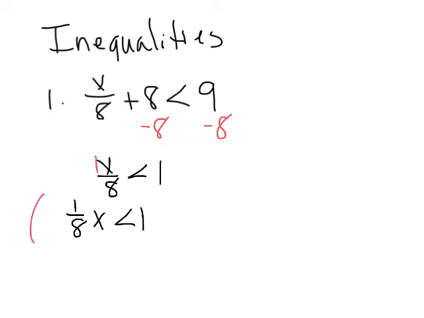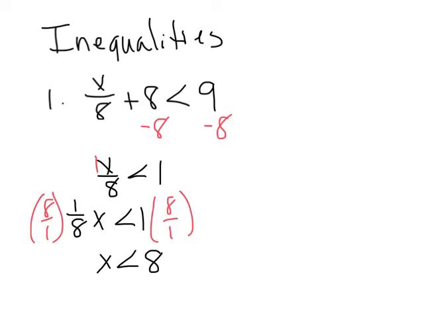We're going to multiply by the reciprocal, which is 8 over 1. Since that's positive, I don't have to change the sign. I just have x is less than 8. Any value less than 8 is going to produce a fraction less than 1 here. When you add that to 8, that will always be less than 9.